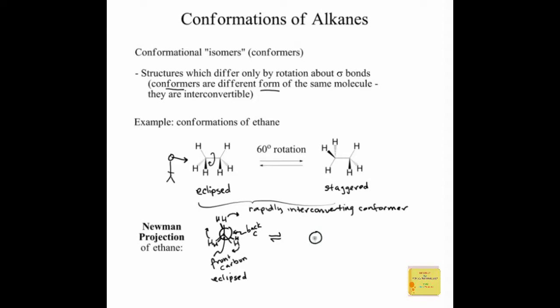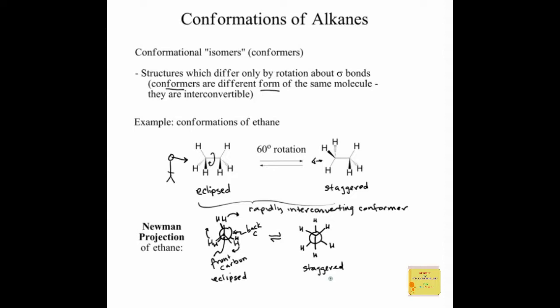Now on the front carbon, with this same perspective, we have a hydrogen pointing straight down, and the other 2 are up and to the right and left. On the back carbon, we see a hydrogen pointing straight up, and then the other hydrogens are down and to the right and left. And so here we see the staggered conformation, a little easier to see in this Newman projection.